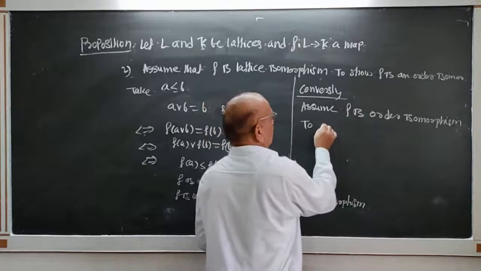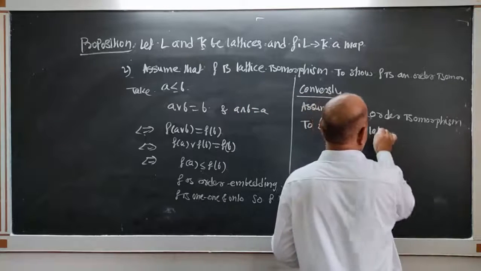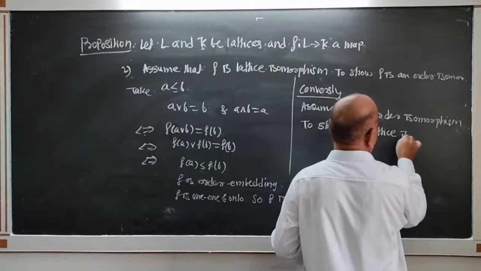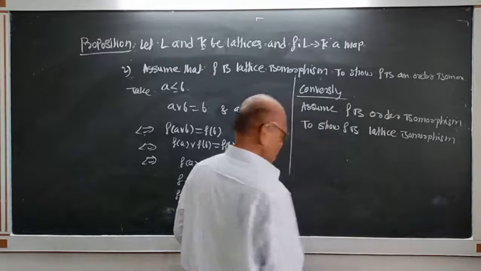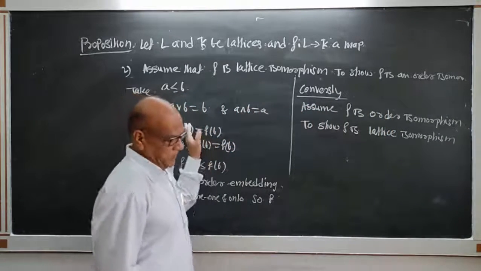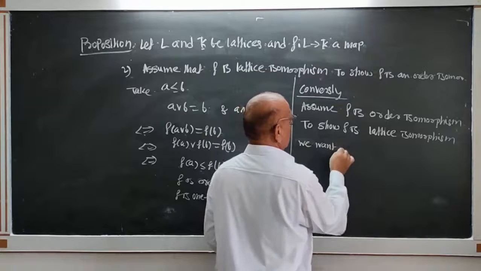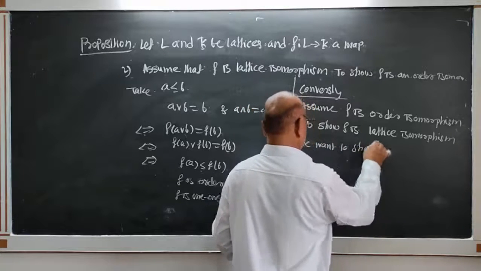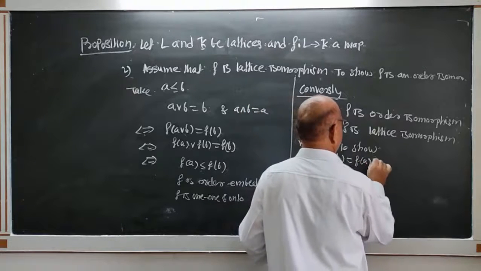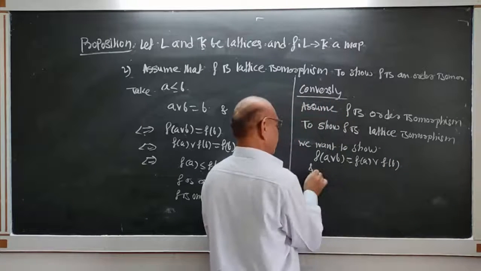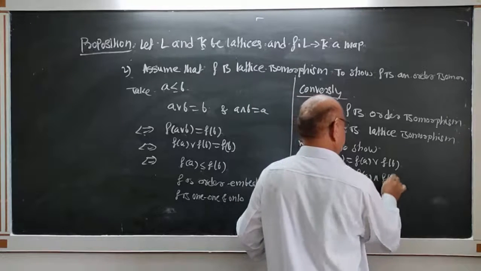And to show f is a lattice isomorphism, we want to show f(a join b) is equal to f(a) join f(b), and f(a meet b) is equal to f(a) meet f(b).